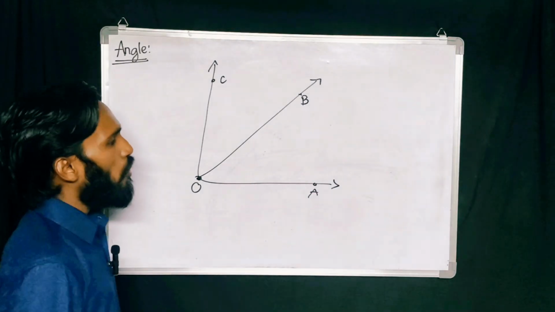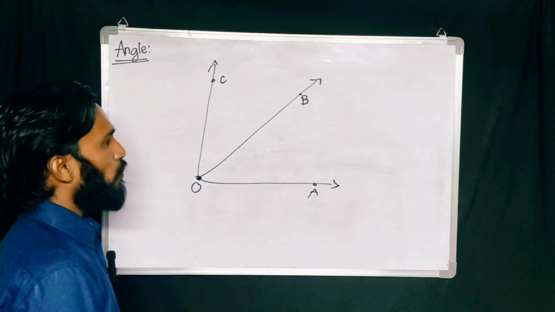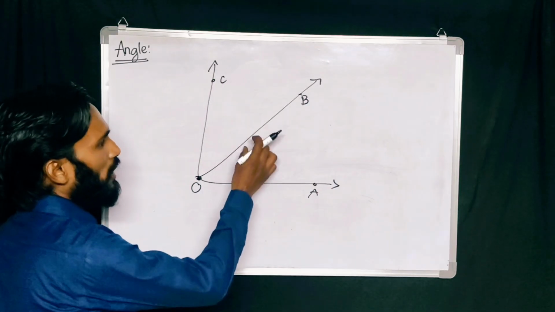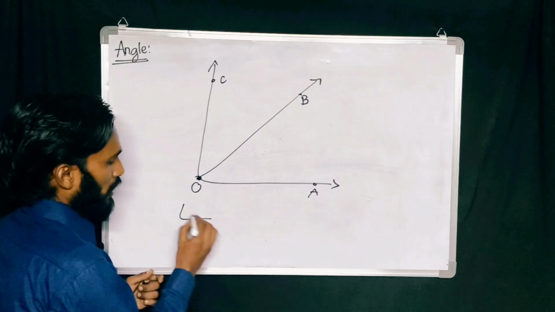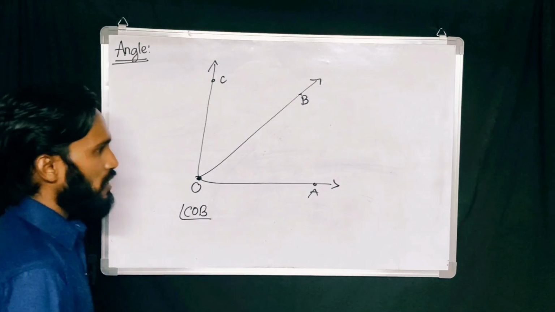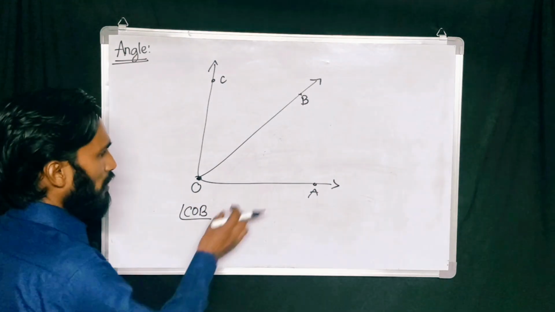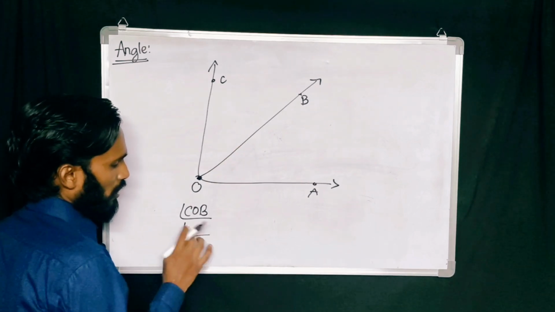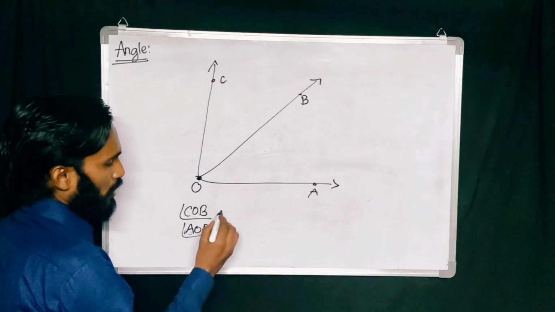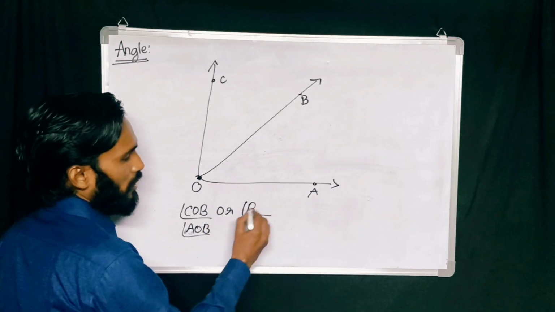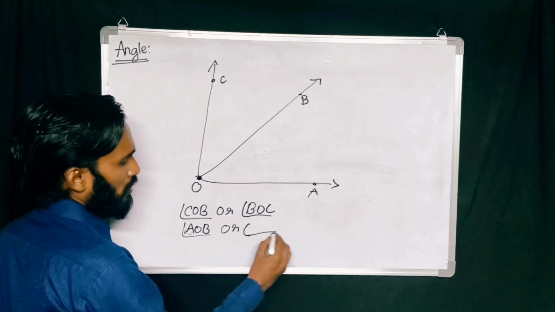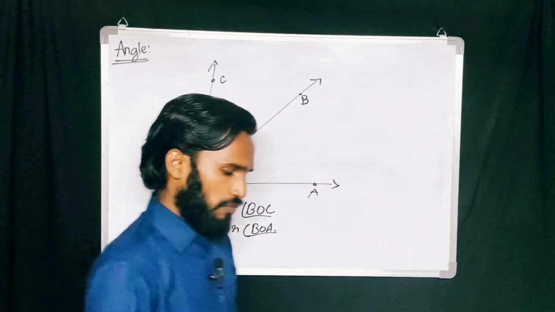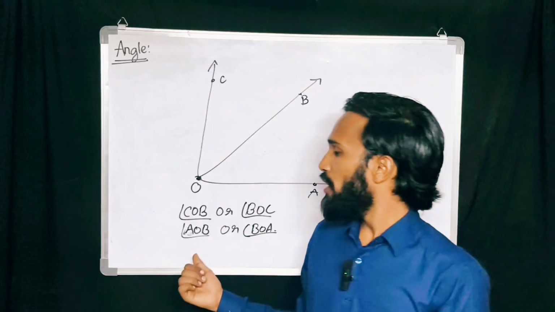Now, how many angles do we have here? I think we have two angles. This arm and this arm make angle COB, and this one and this one make angle AOB, or angle BOC, or angle BOA. This is how an angle forms, and this is how we name the angles.